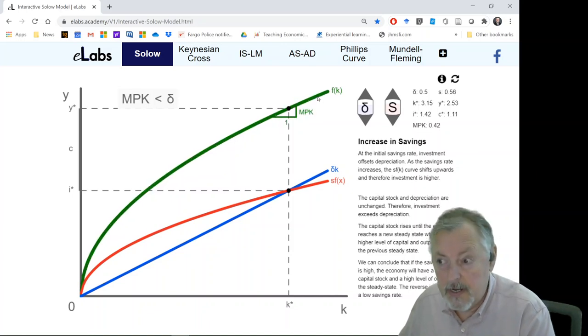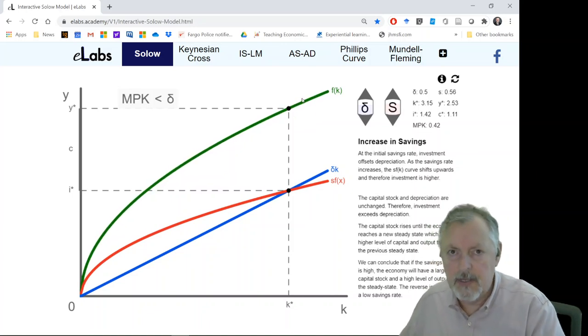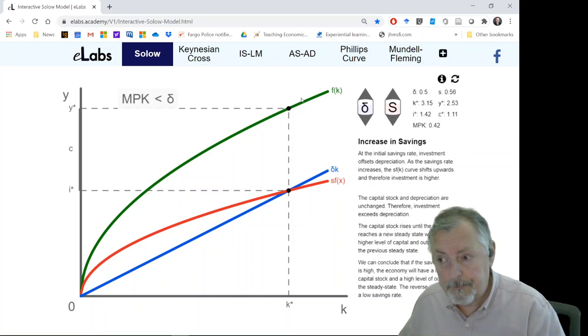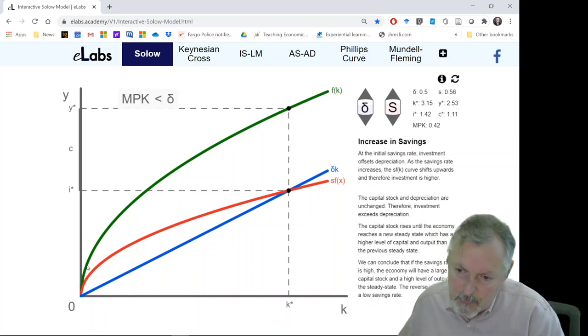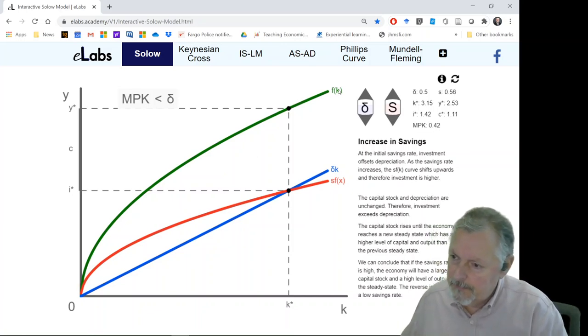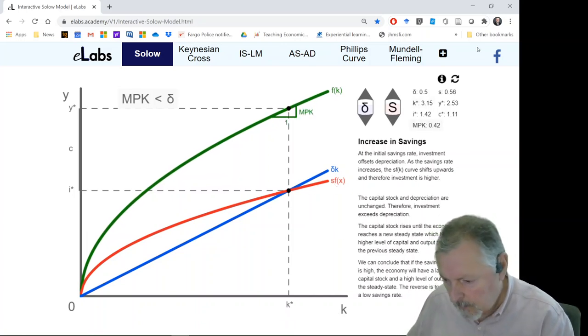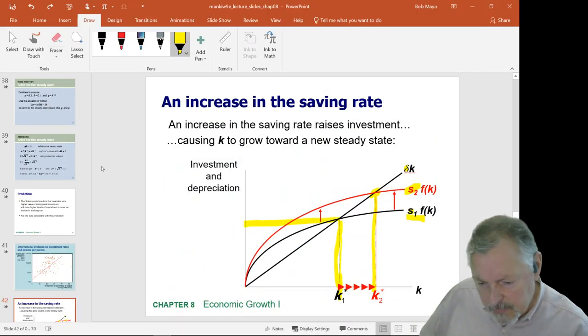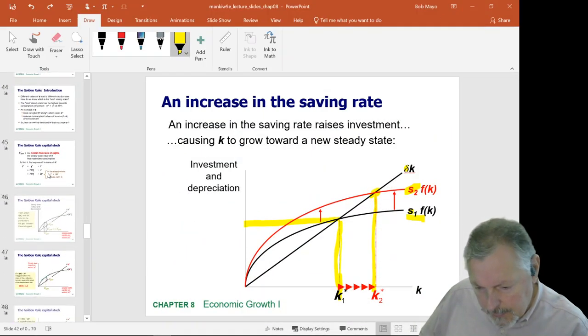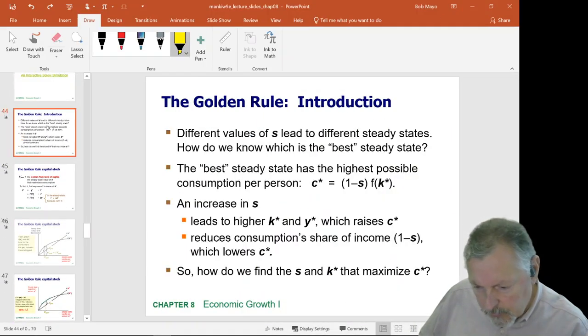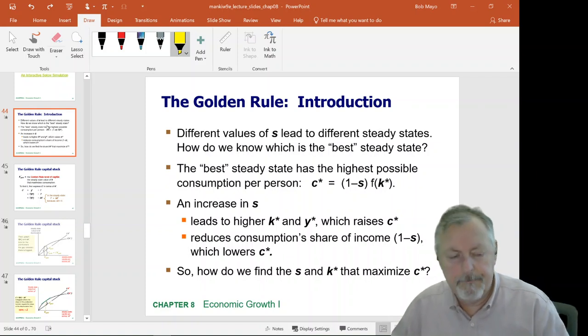This is the one you really care about because this determines your standard of living. So always in the background, remember there's this other curve above this one. That is relevant in the golden rule steady state.